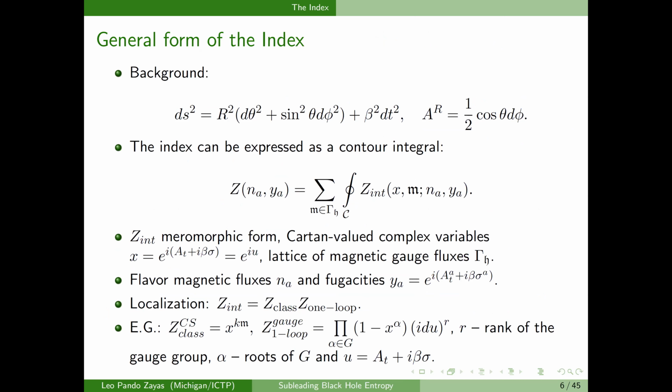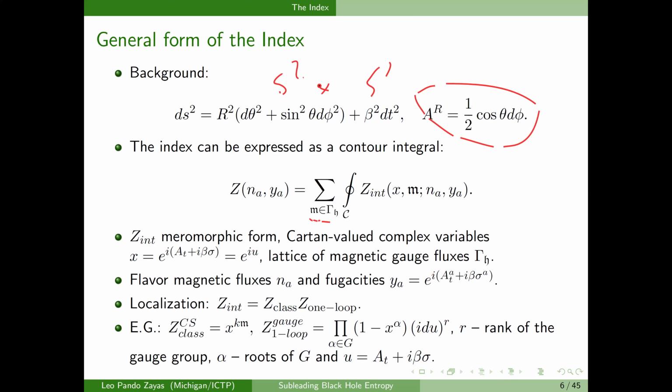All right. So let me very briefly mention what this topologically twisted index is. This is the metric of S2, right, cross S1 with radius beta, and I have a background R-charge, which is given like this. Then the topologically twisted index can be computed using localization. So you have to sum over some magnetic charges that form part of the localization locus. Then there's some contour integral.